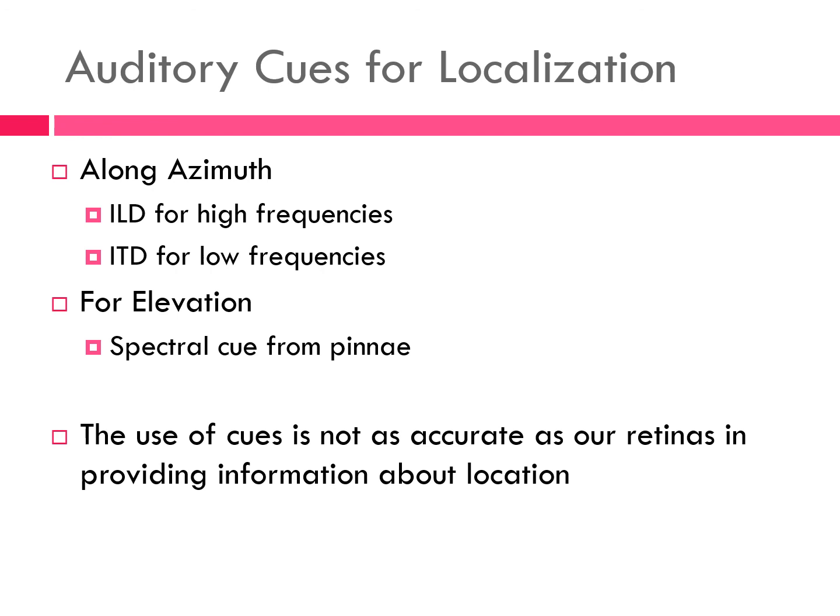It's important to remember that the use of the cues for sound localization is not as accurate as what the retina is providing us about spatial information in the visual world. When visual information hits our retina, the location is maintained as part of that retinotopic map.